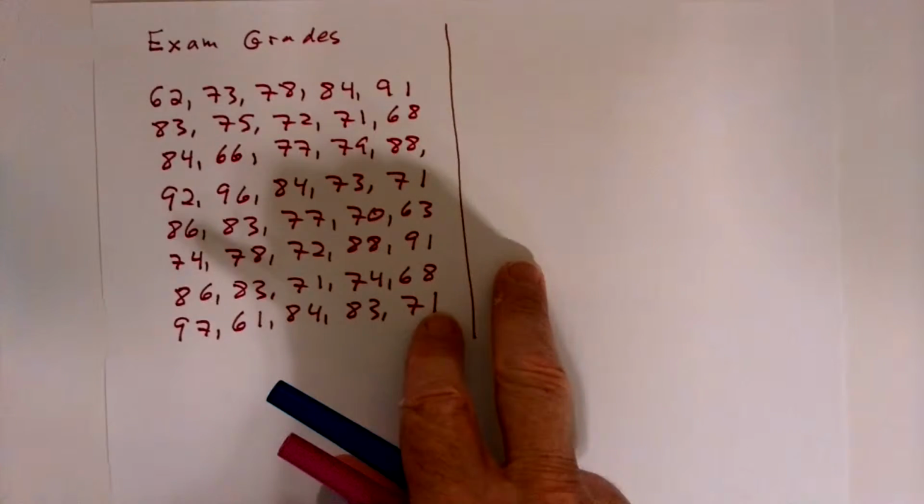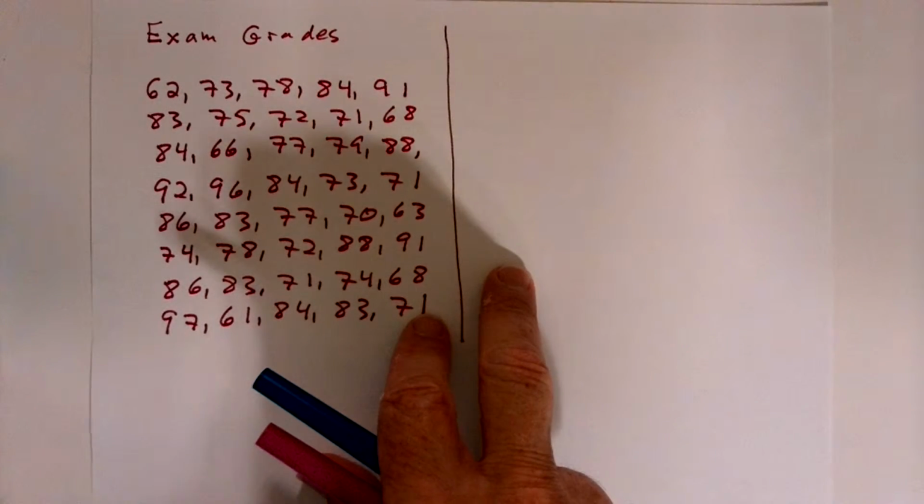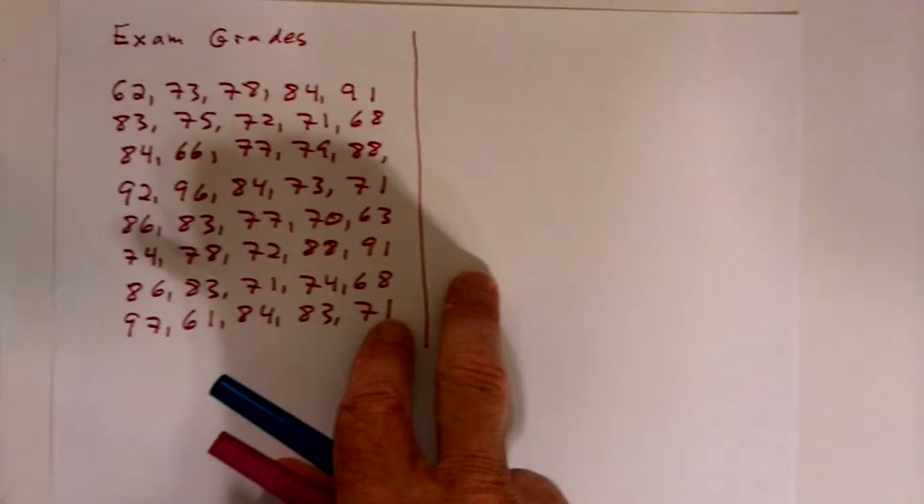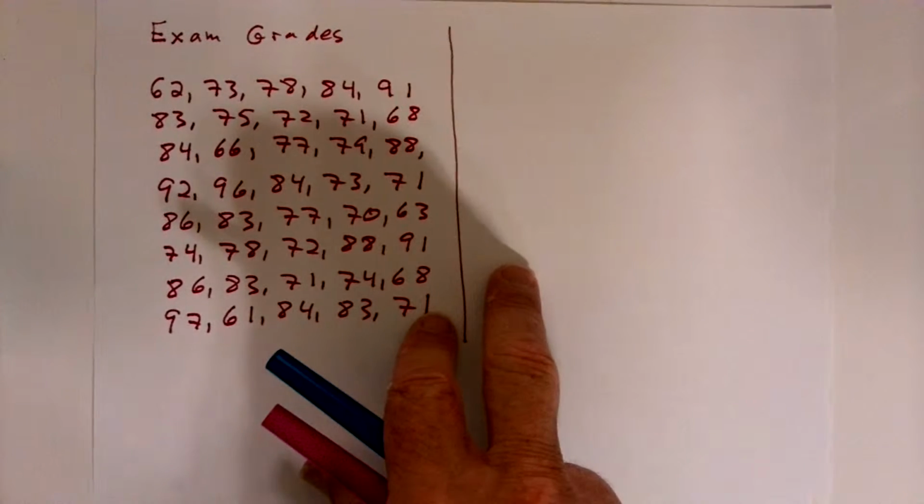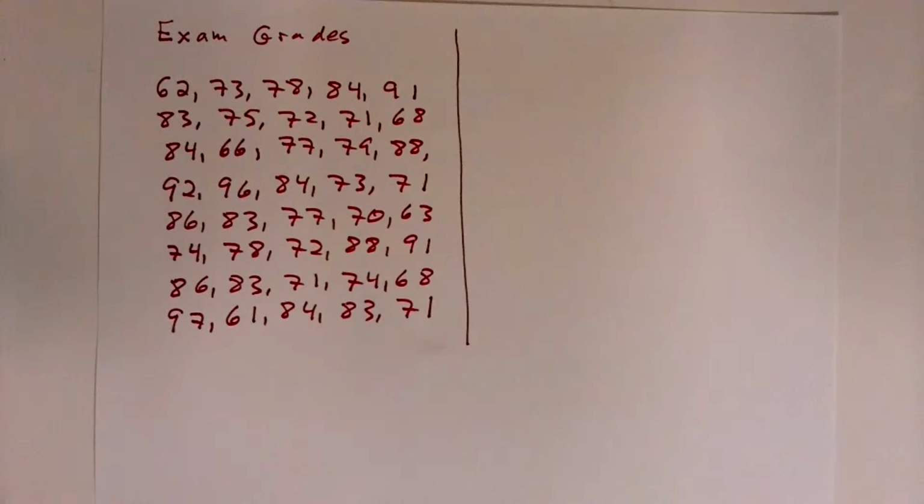So for this one, we are going to list all of the exam grades that we have here. And we're going to make something called a stem and leaf plot.